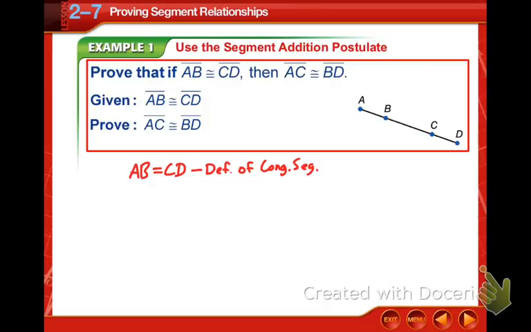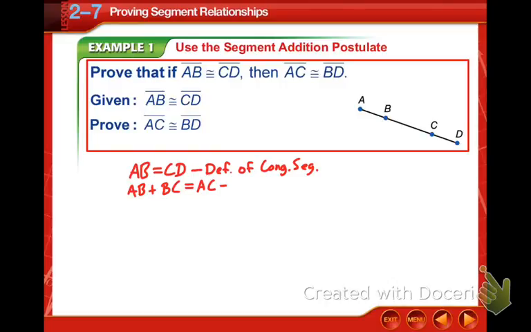And then we also know, based on the segment that we're given here, that AB plus BC equals AC.